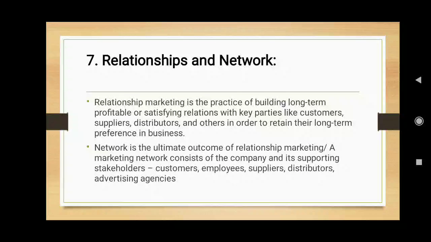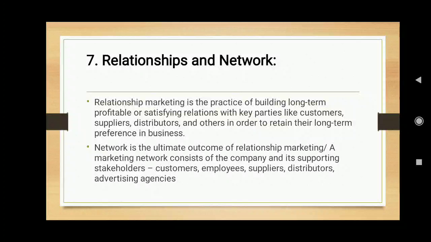Next concept is relationships and network. Relationship marketing is building long-term relationships between stakeholders of our product. For example, if I manufacture washing powder, then I have to sell that washing powder through retailers, right? I have a manufacturing facility in New Delhi.